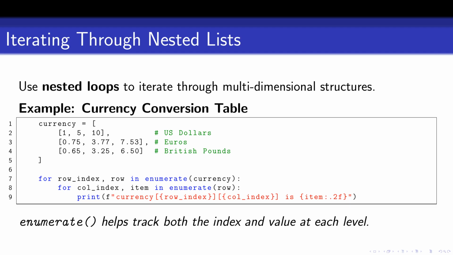For example, when printing a currency conversion table, you can loop through each row using enumerate, and then loop through the values in that row, also using enumerate. This pattern is common when working with data tables, game boards, or when rendering output in a formatted grid. The ability to access both the data and its position within the structure makes your loops more powerful and your code more expressive.